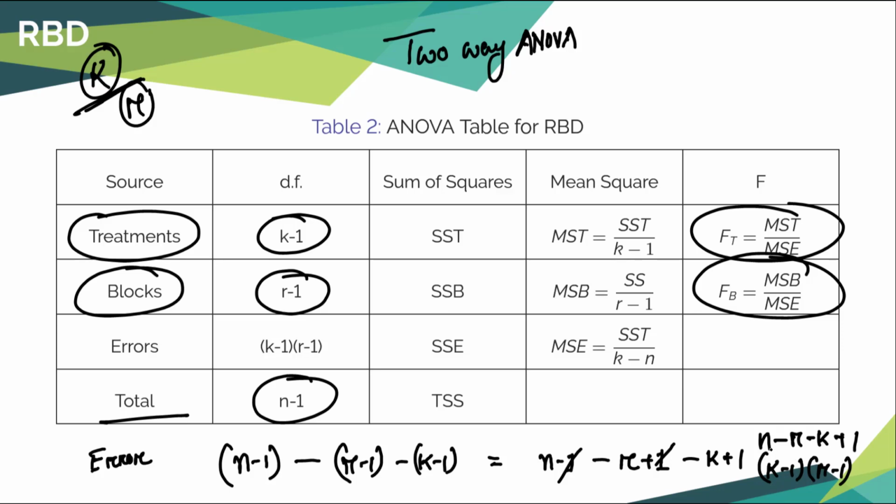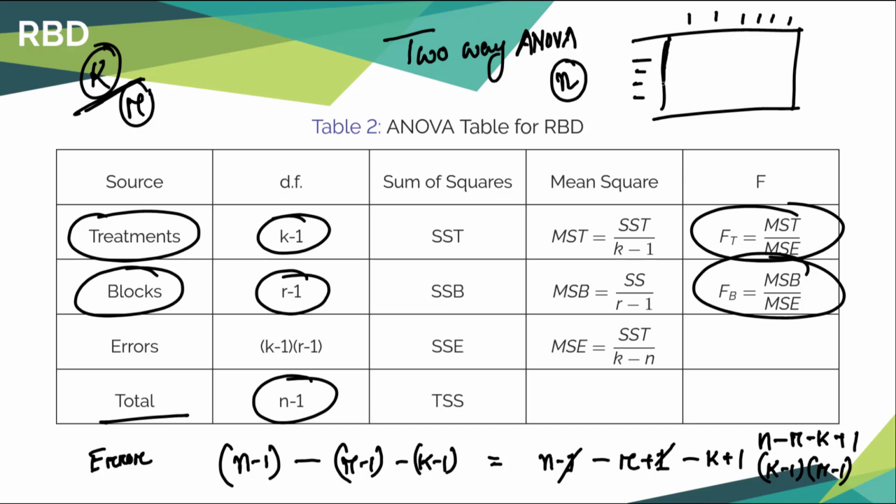Why? Because if you have divided N values into R groups and K items in each group, this N is nothing but K into R. So if I replace N here as K into R, minus K plus 1, this will give you K minus 1, R minus 1.